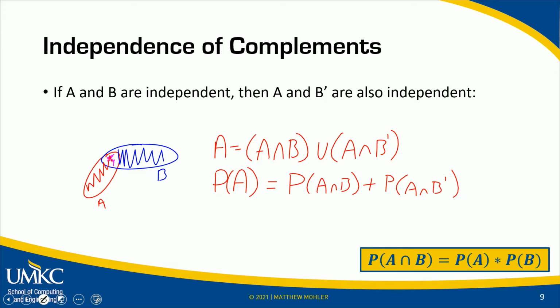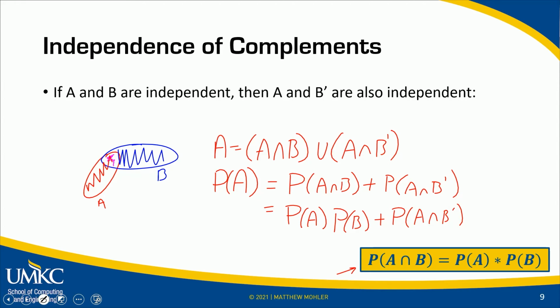Now, the next piece of this is to say that the probability of A intersected with B, assuming these events A and B are independent to begin with, is the probability of A times the probability of B, and we get that by plugging it into our equation for independence. And then we can add on again the probability of A intersected with B complement.